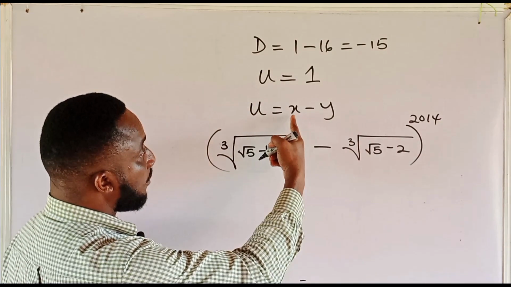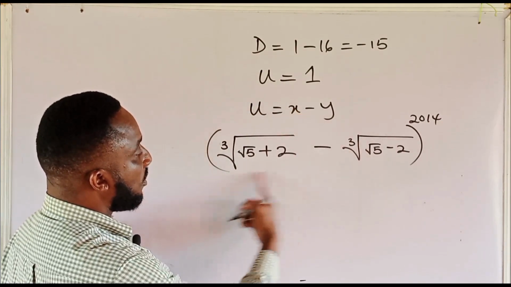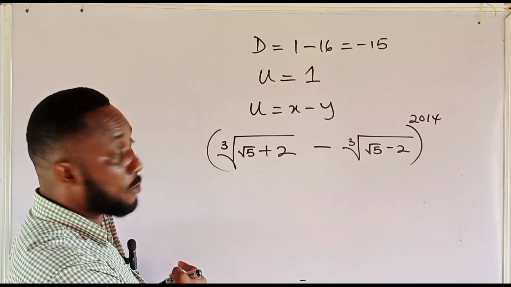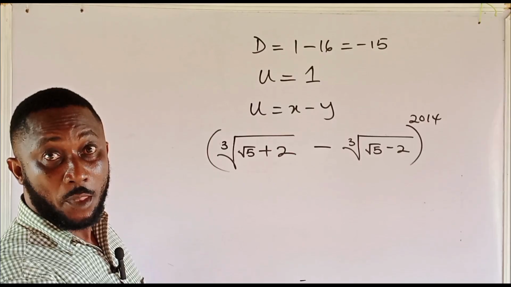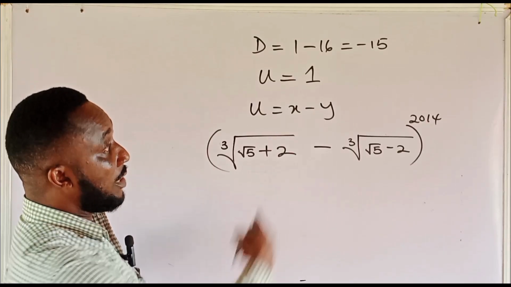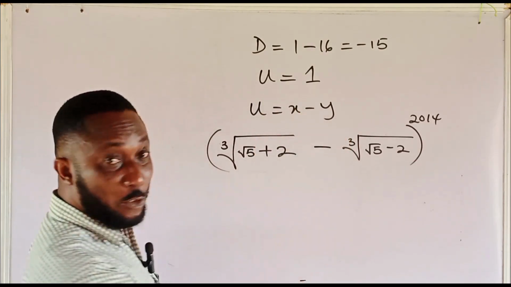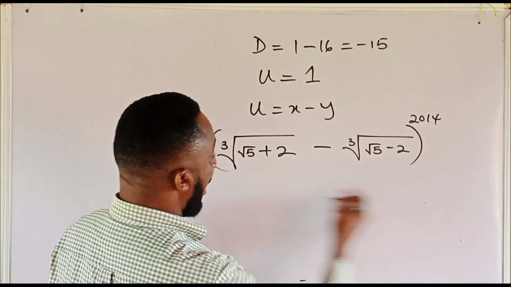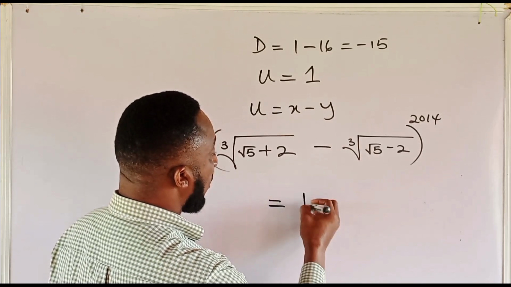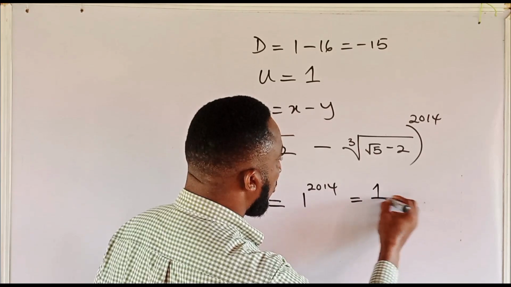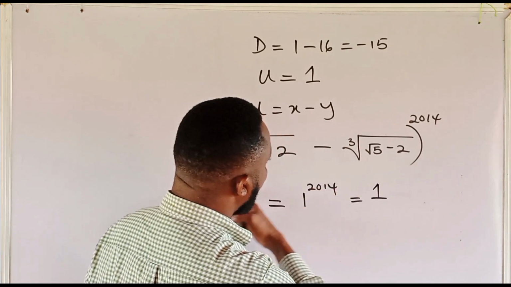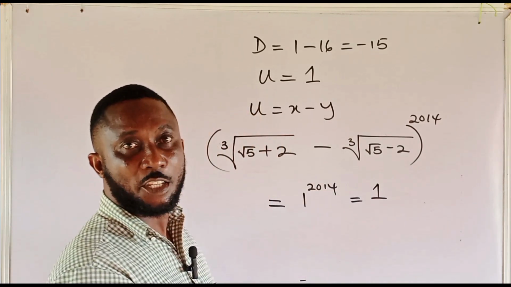So you can see that from our substitution, s is equal to the cube root of root 5 plus 2, y is equal to the cube root of root 5 minus 2, and s minus y is equal to 1. Hence, our solution is going to be 1 to the power of 2014, which is equal to 1. So this is the solution to this radical expression.